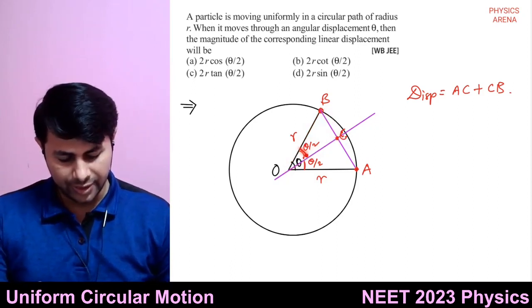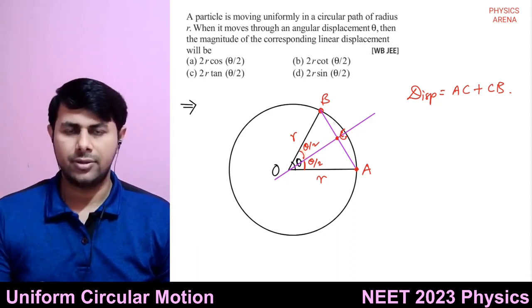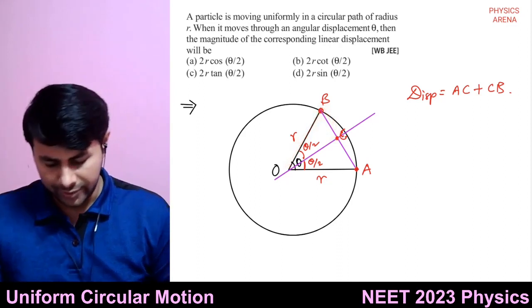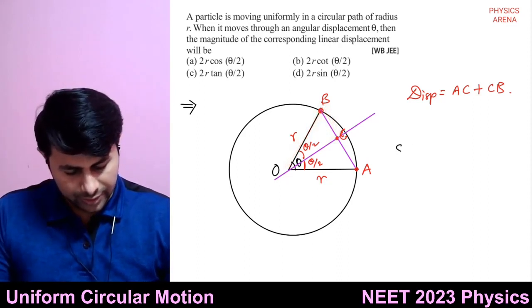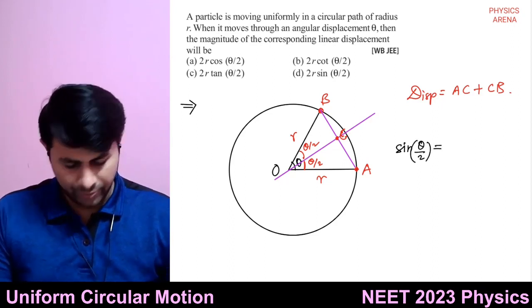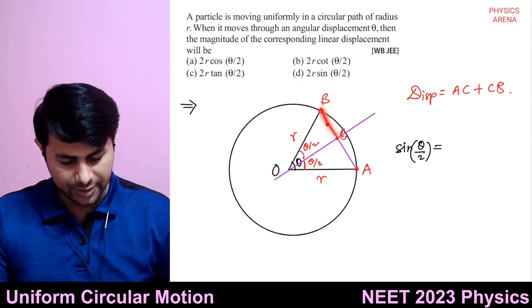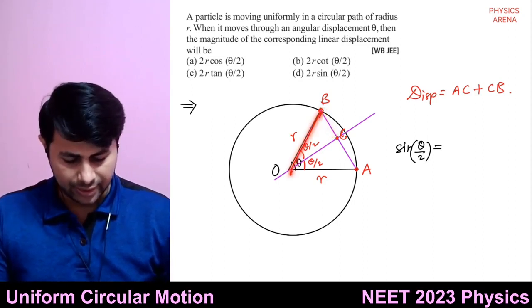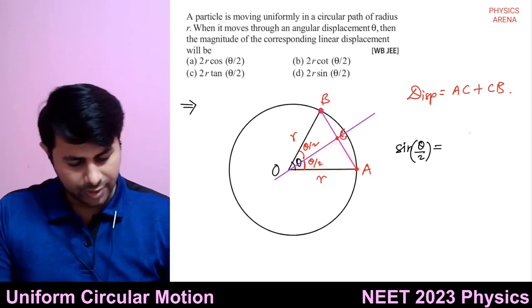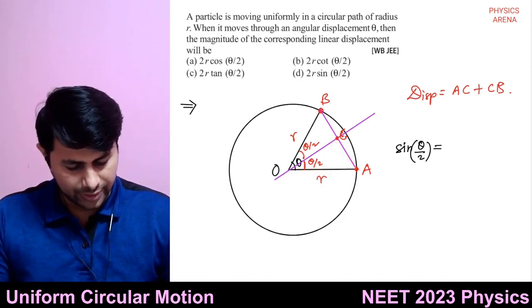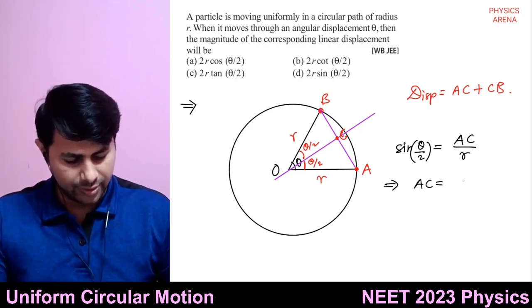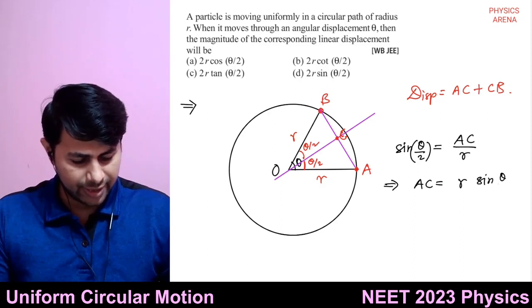You can write it in terms of this angle. It is opposite side divided by hypotenuse. Okay, so sine of theta by 2 is equal to, if you look in this triangle, it is CB divided by R, and in this triangle it is AC upon R. Therefore AC is equal to R multiplied by sine theta by 2.